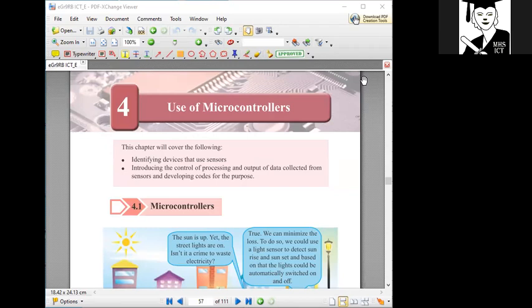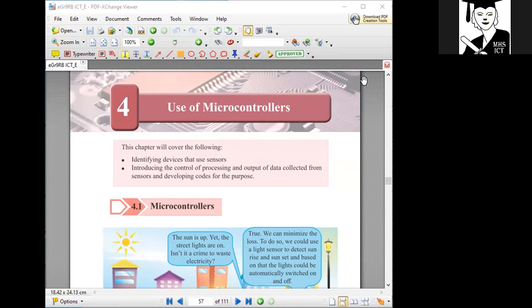Right. Today we will start the next lesson. It is lesson number 4, use of microcontroller. Now, what is a microcontroller? This is what we are going to learn, and then we have to identify the sensors. There are many sensors which are used in many equipments.